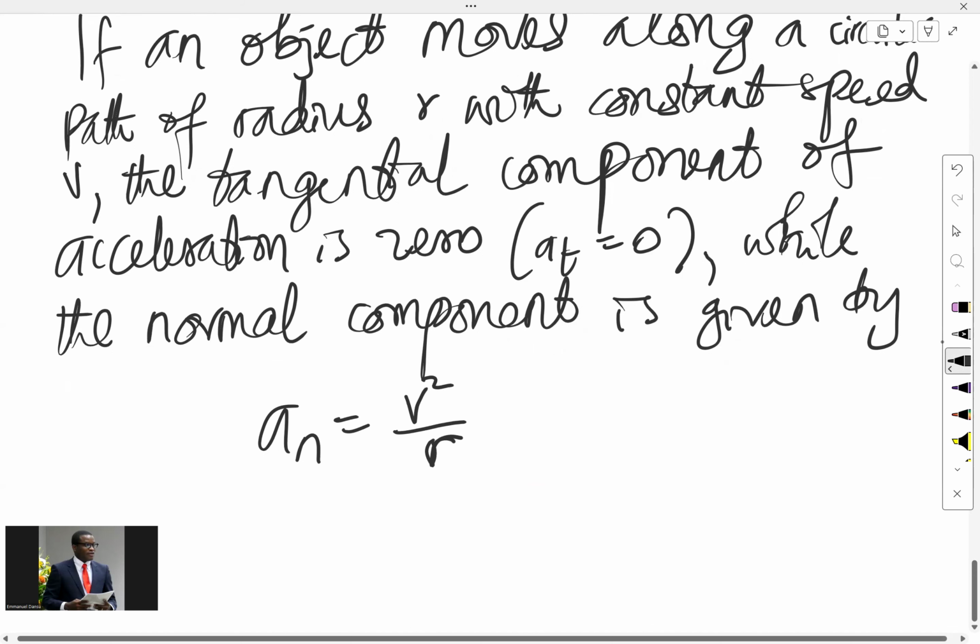You know, we're talking about centripetal acceleration. So that's v squared over r, the square of the velocity divided by the radius of the circular path.